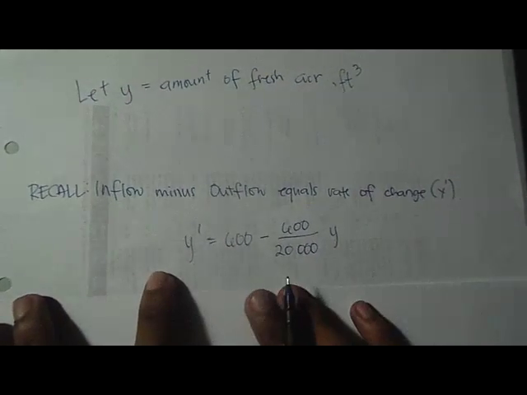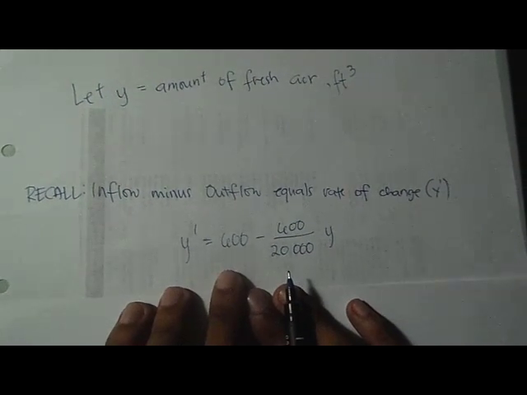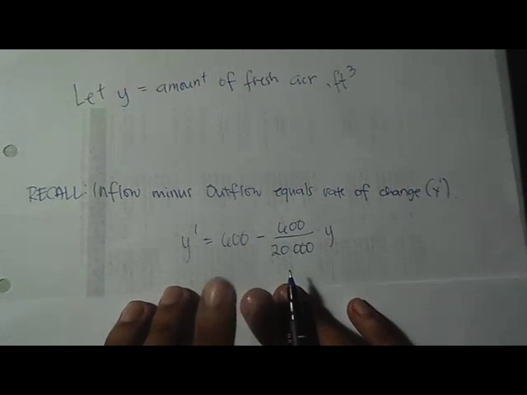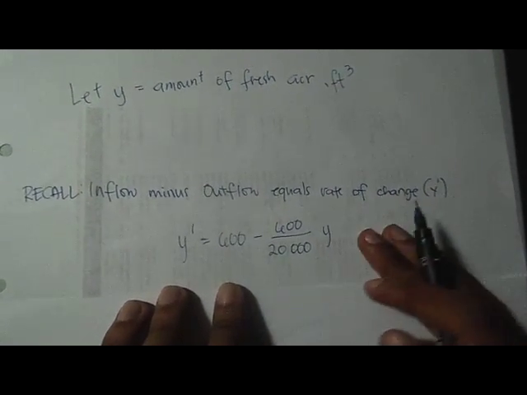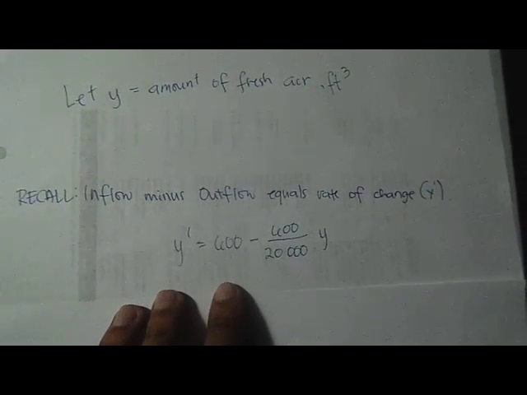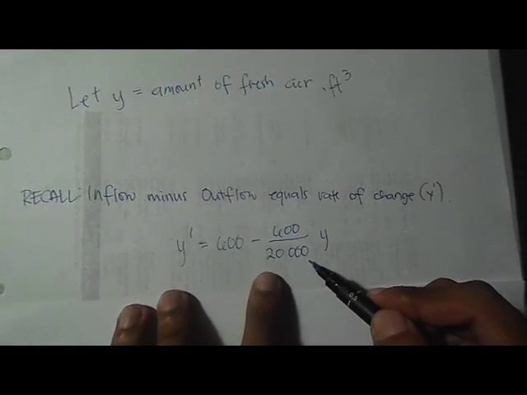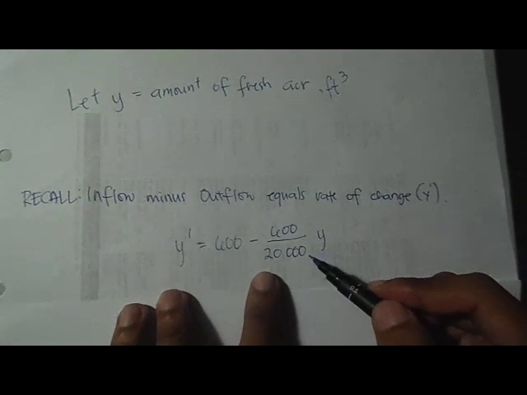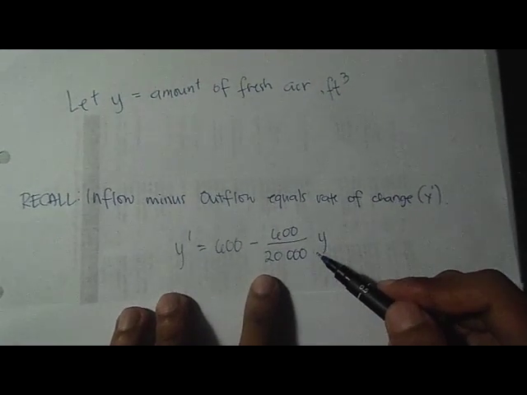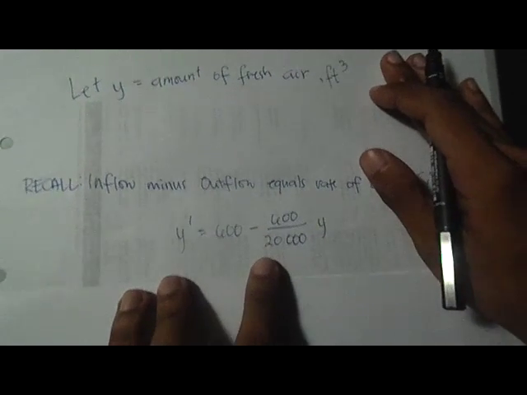So from the problem, we were given that the amount of air flowing in is 600 cubic feet, while the amount being exhausted or outflown is 600. So 20,000 came from the amount of air in the room, which is 20,000 feet cubed as stated in the problem.